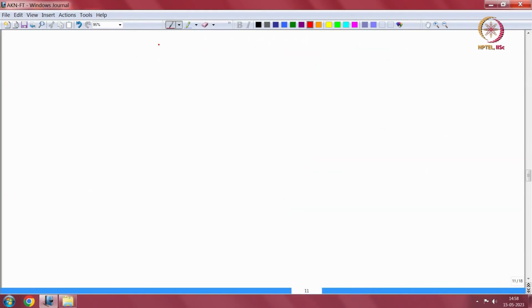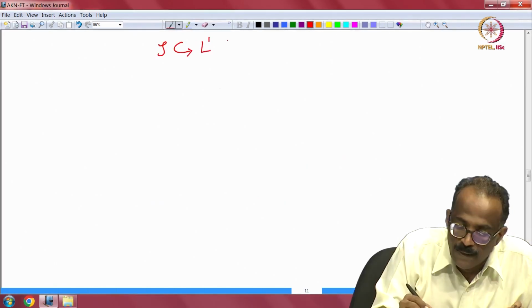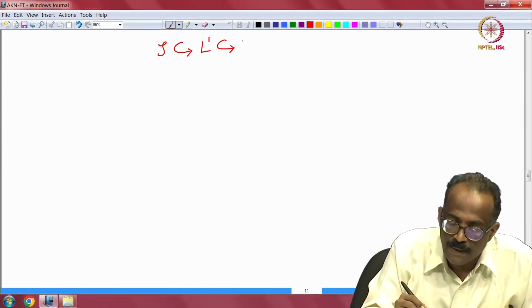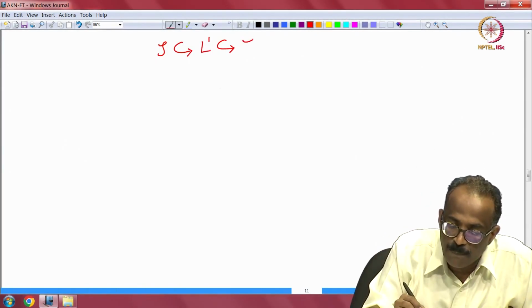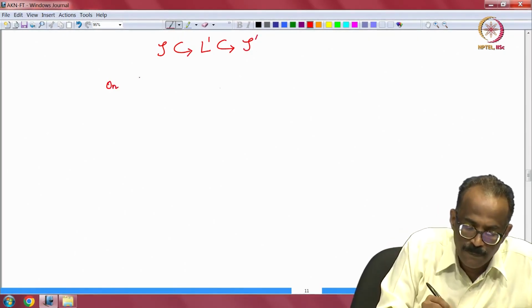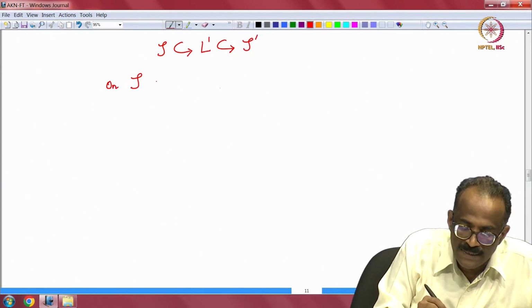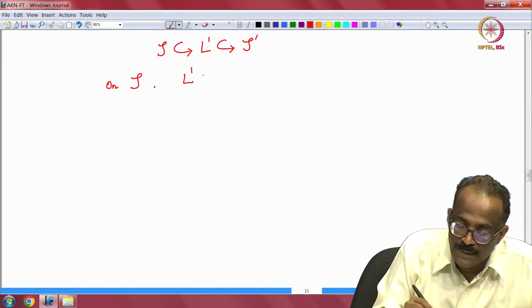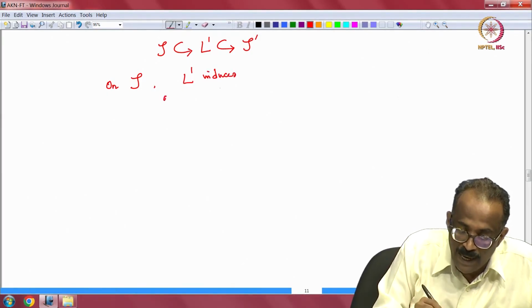So, now look here: zeta is contained in L1, and that is contained in zeta prime. So, on zeta, L1 induces a distribution in zeta prime.